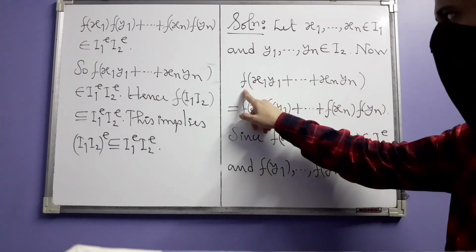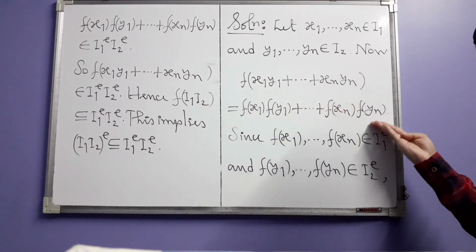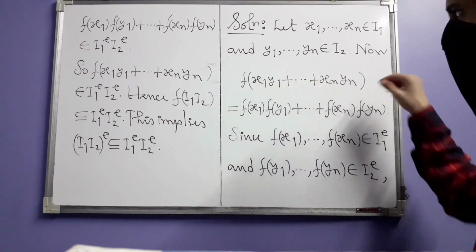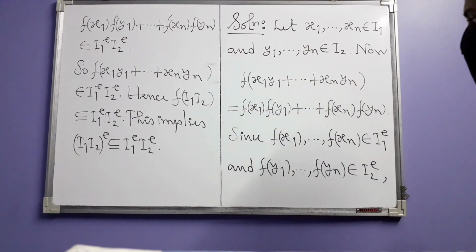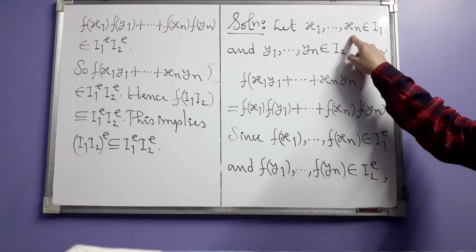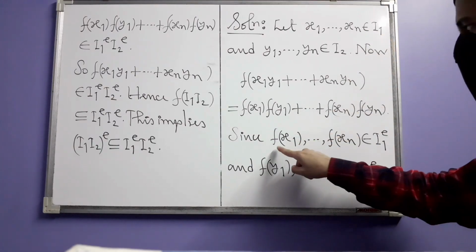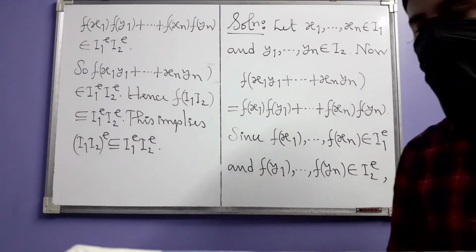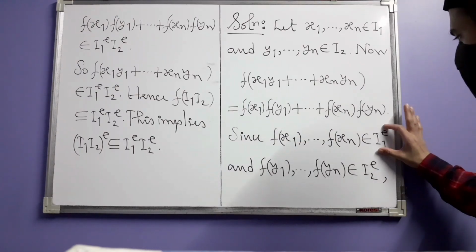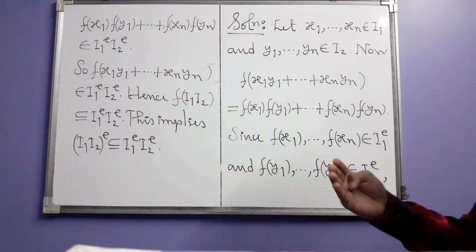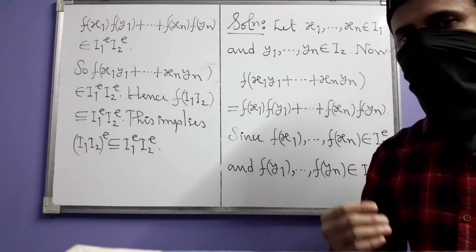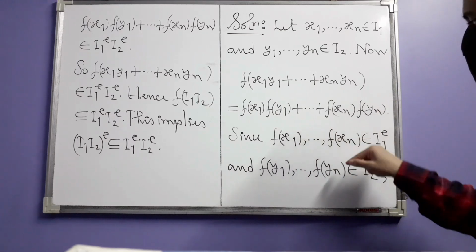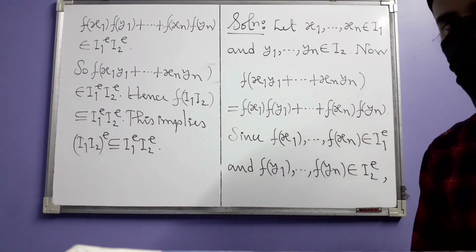Because F is a homomorphism, that will be equal to this. F first of all will distribute itself over the sum and then over the individual products. Now because these elements are coming from I1, their F images will belong to the extension of I1. Why? That is because by definition the extension of I1 contains the F image of the ideal I1, and these are elements from I1, so their F images will in particular belong to I1 extension.